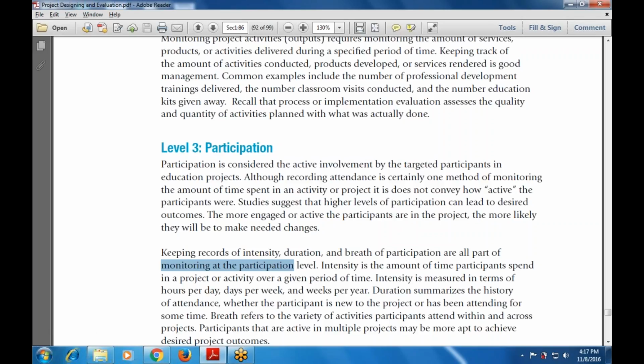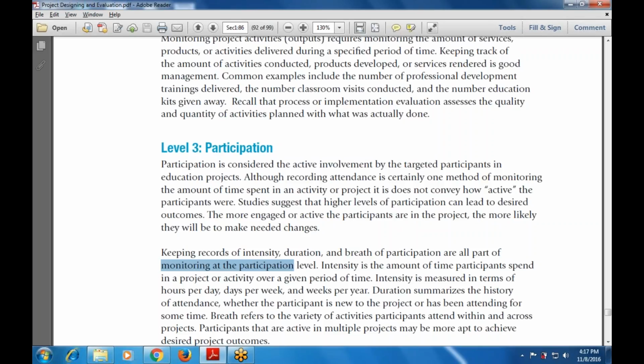Now, what is the meaning of these three terms? The first one is intensity, the amount of time participants spend in a project or activity over a given period, measured in hours per day, days per week, weeks per year. Duration summarizes the history of attendance, whether the participant is new to the project or has attended for some time.